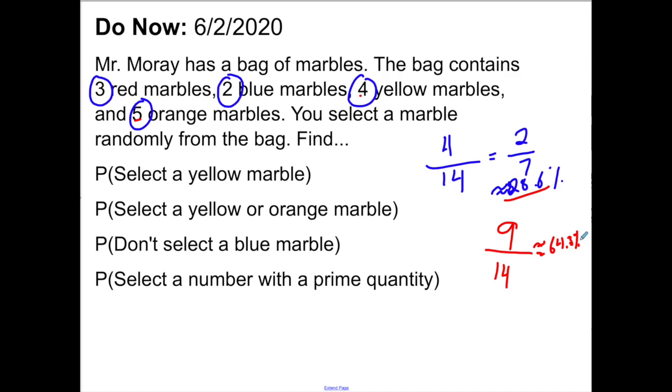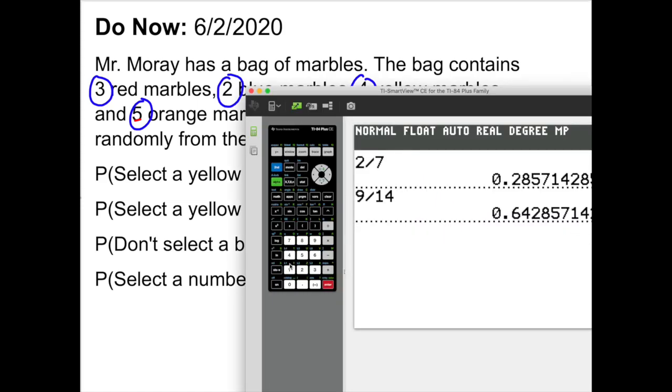Okay, what about the probability I do not select a blue marble? So there's 14 marbles in the bag. If 2 of them are blue, then 12 of them are not blue. So we want this, which is 6 out of 7, or in other words, 1 minus 1 out of 7. The current, right?